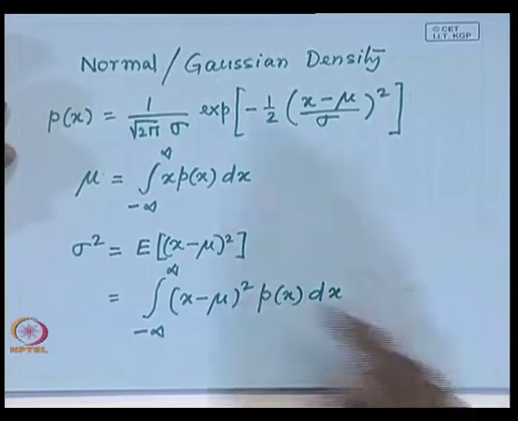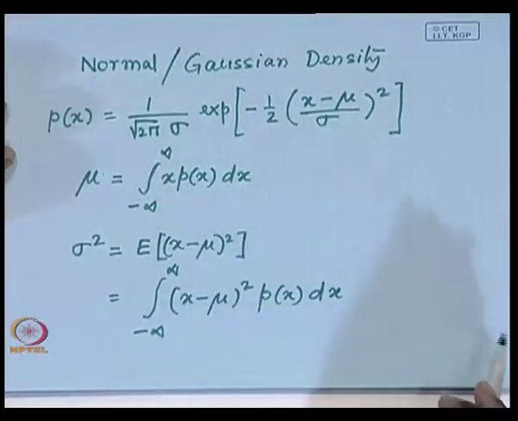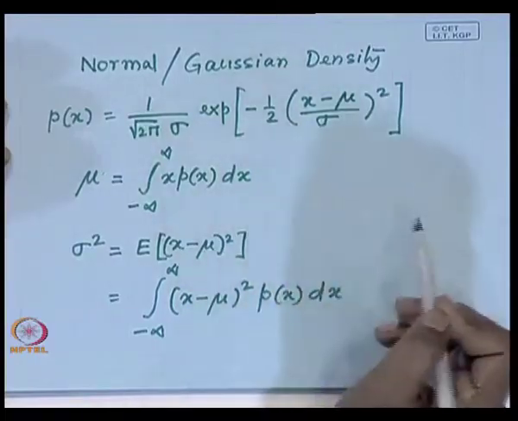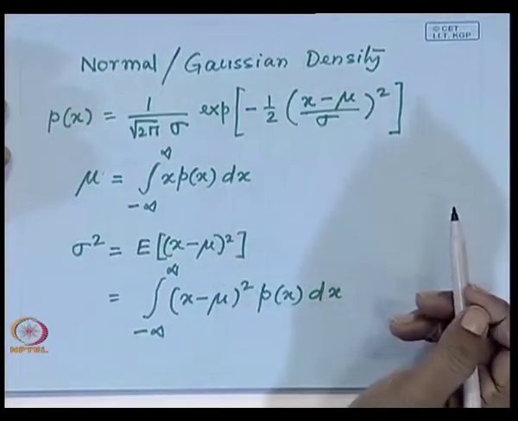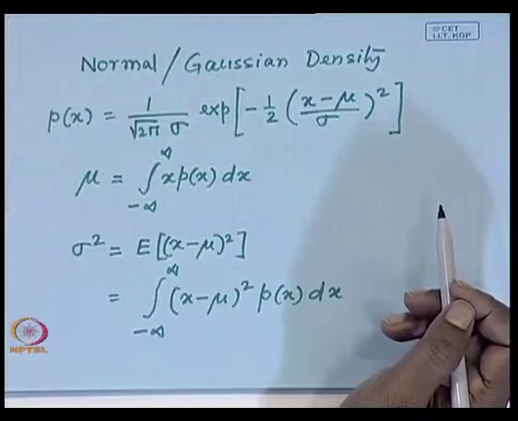Okay. And you find that this particular probability density function is specified only by two parameters. One is the mean value mu, other one is the standard deviation sigma or the variance sigma square. So, if I know the mean value and the variance, then I know what this probability density function is.